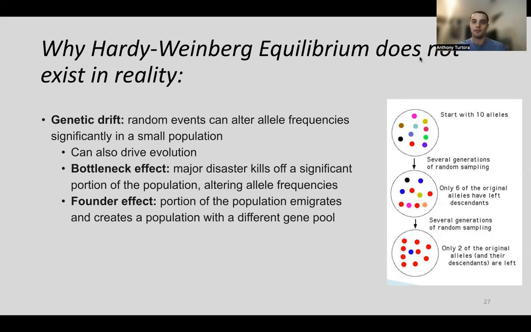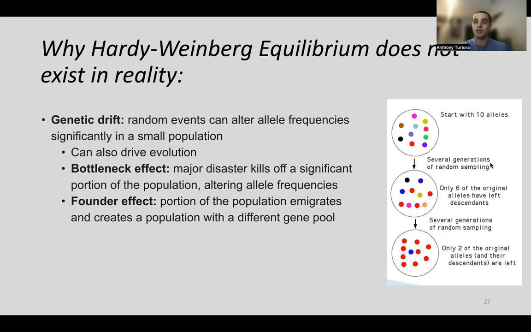So if you look at the diagram here, genetic drift happens more likely in small populations. So let's say we started with 10 alleles here, and you can see the different colors would be different alleles.